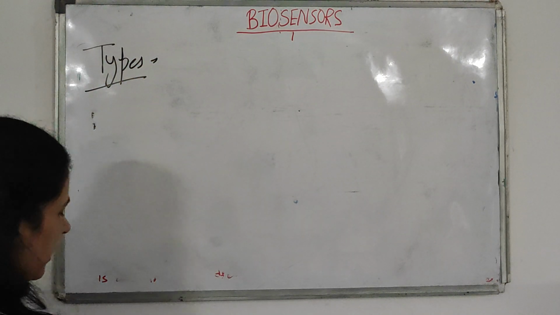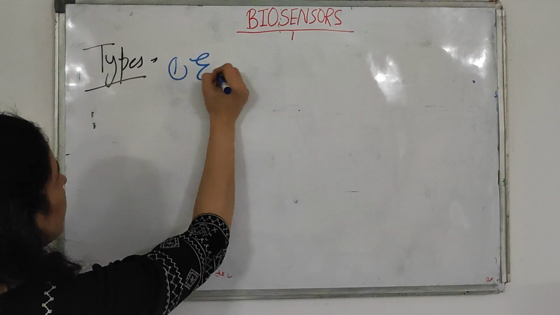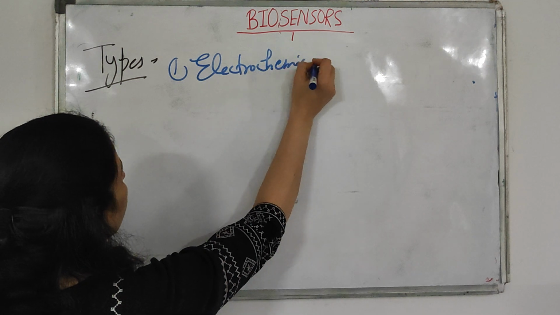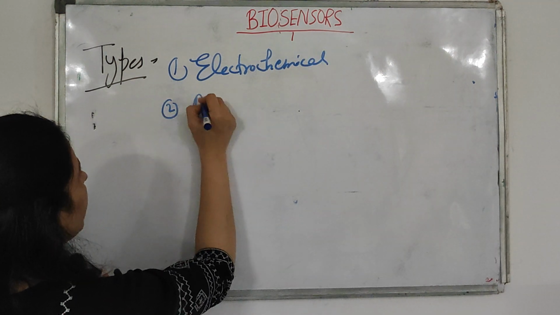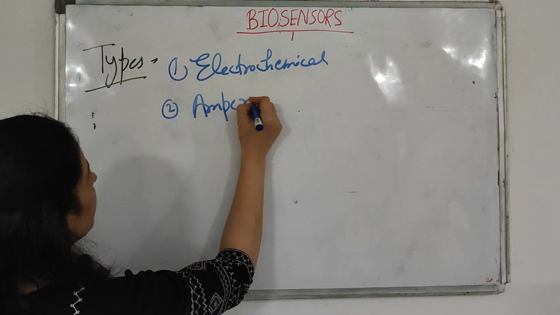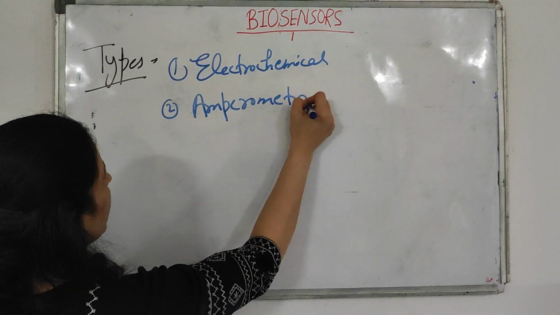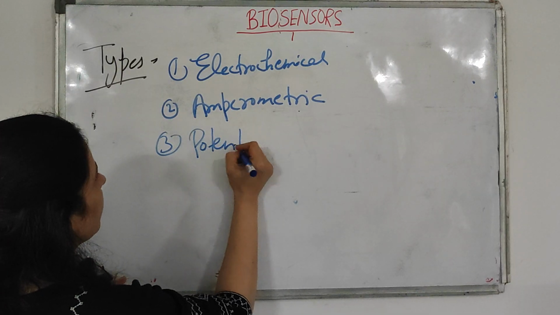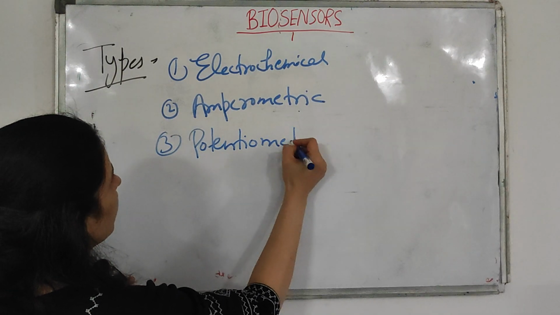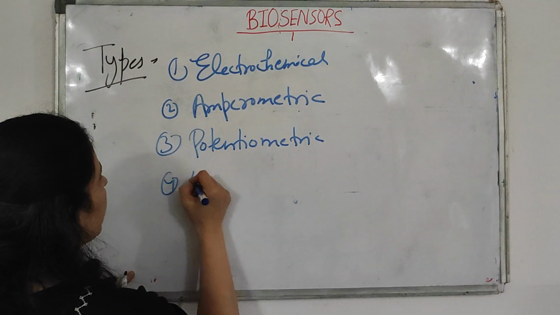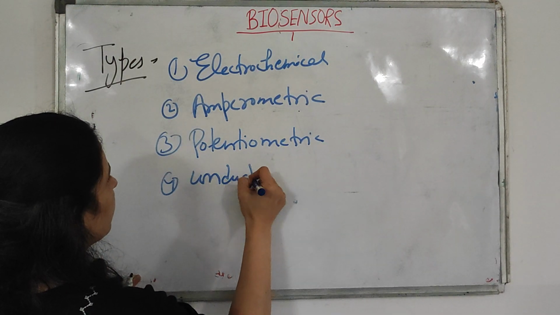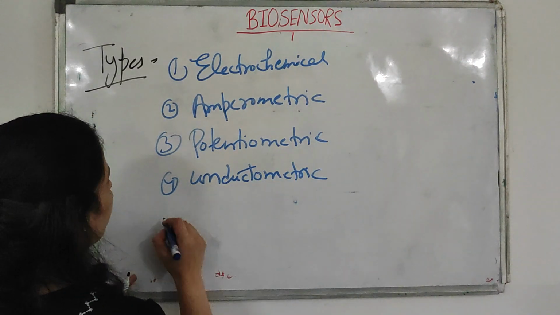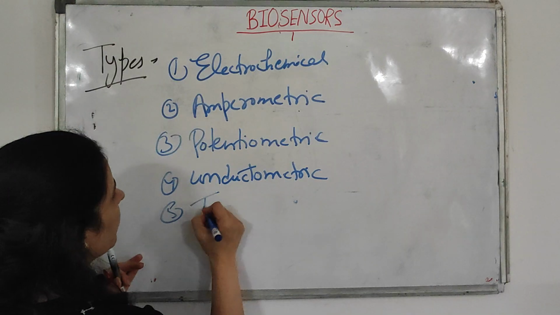So first is electrochemical. Second is amperometric. Third is potentiometric. Fourth is conductometric. Fifth is thermometric.